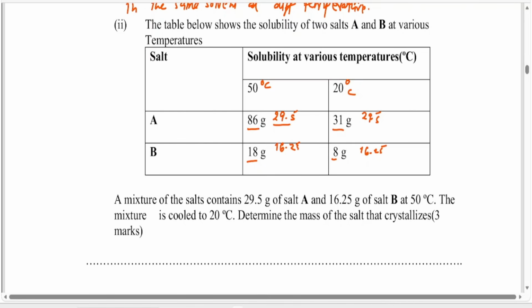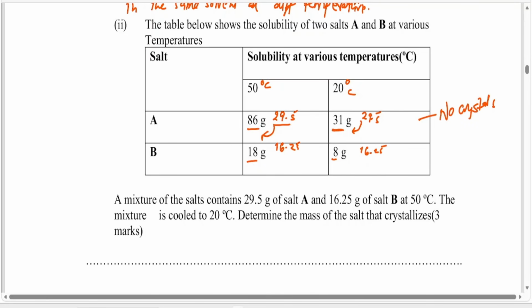So 29.5 grams are already dissolved in the solution. So no crystals in this case. So for A, we can conclude no crystals.